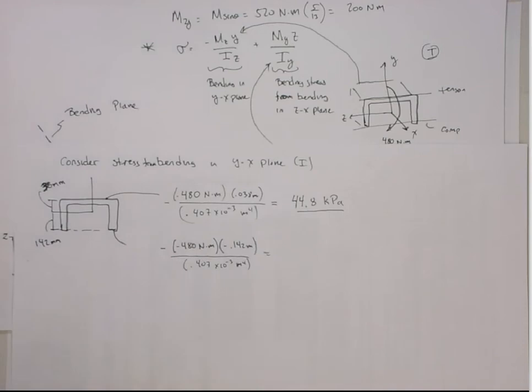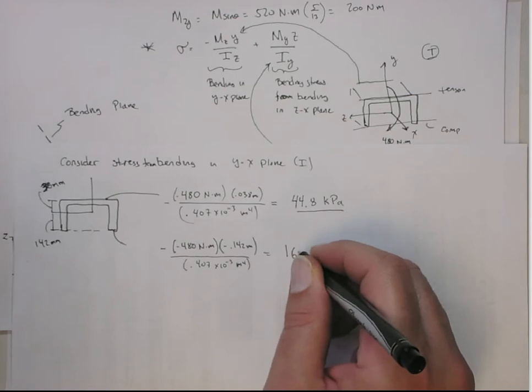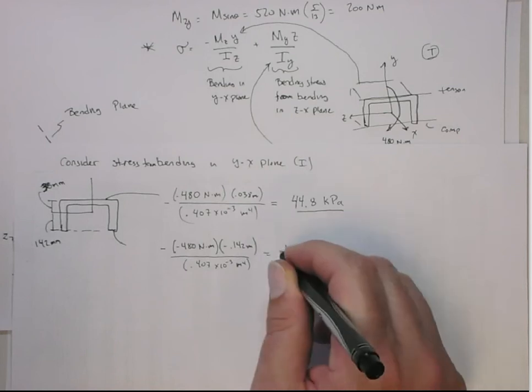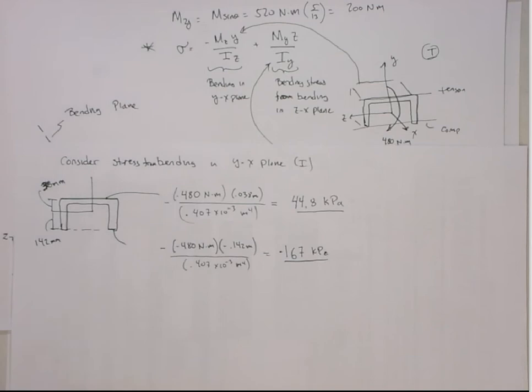And this now gives me 167 kilopascals in compression. Along this whole edge, that's what we have. We're in compression, 167 kilopascals.